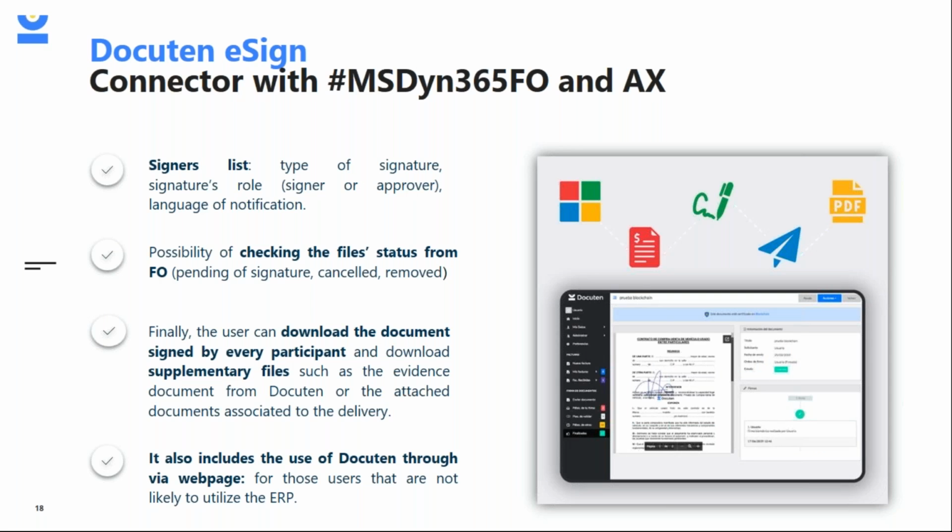You will be able to check all status for every document, and you will finally be able to recover the ended signed document with any complementary files, any attachments. And it also includes the possibility for those users to log into the Docuten online platform and just upload PDFs from there.